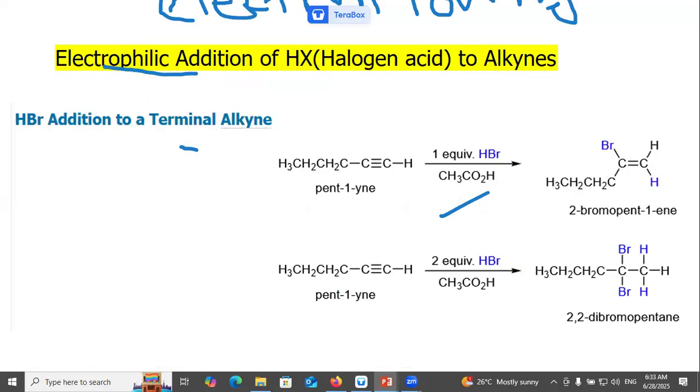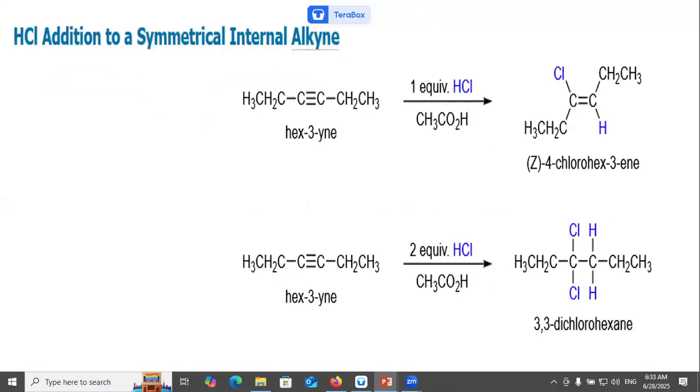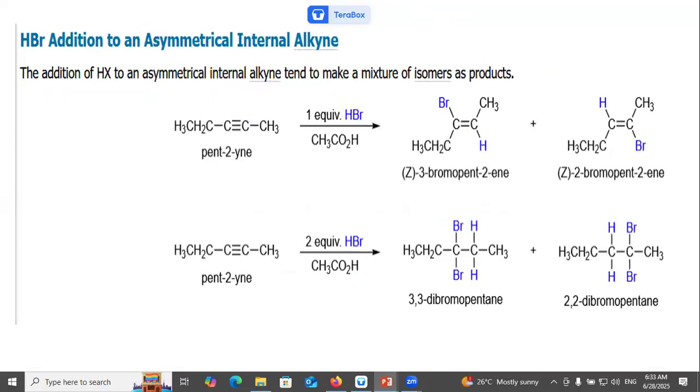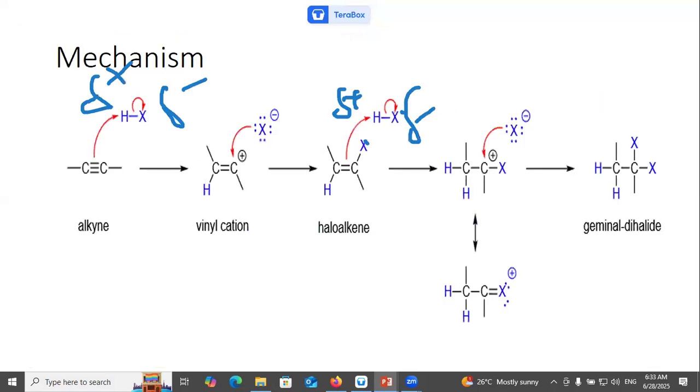Electrophilic addition of halogen acid to alkynes. HCl addition to symmetrical internal alkyne. Hydrogen bromide addition to asymmetrical internal alkyne. In case of mechanism, the hydrogen halide, halogen is partially negatively charged, and hydrogen is partially positively charged.